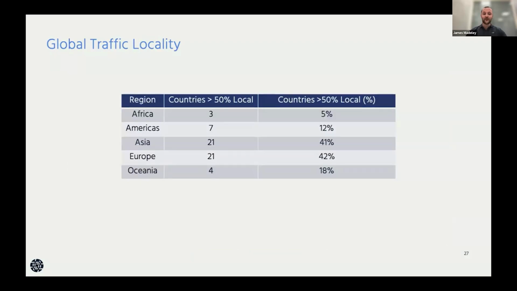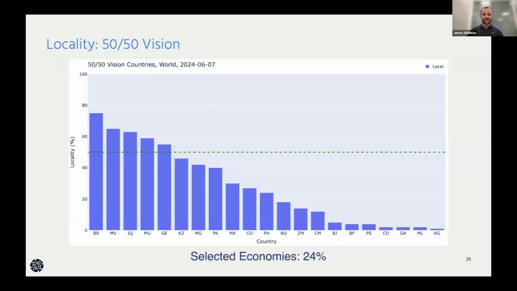If we then look at that globally, this graph shows us the number of countries and the percentage of countries in the region that have achieved the 50% locality. And one of the questions that I usually get when I show this graph is, why were these countries selected? And these countries were selected to try and be representative of the global situation.